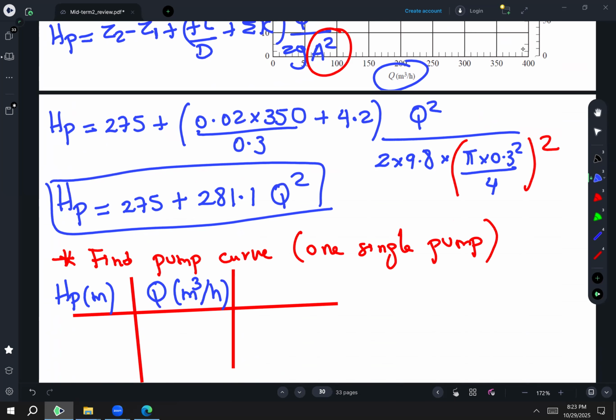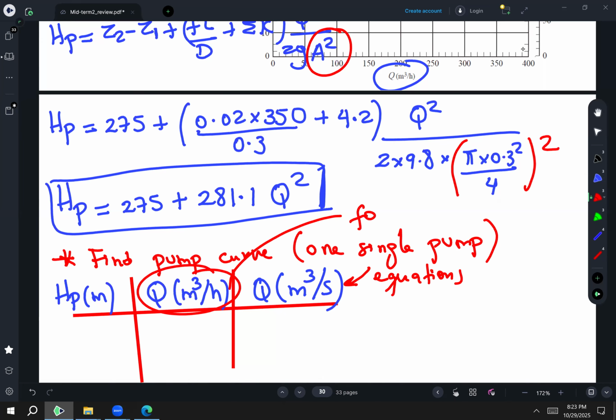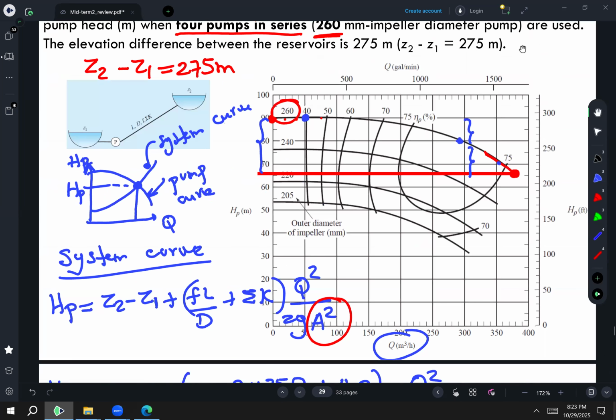However, in the equations, I have to use Q in cubic meters per second, so I also have to do the conversion to Q in cubic meters per second. This is used for the equations, and this is used for the chart. Okay, so the first point will be the initial point, which is here. In this point, of course, the flow is 0 and the head is 90. So that has to be there.